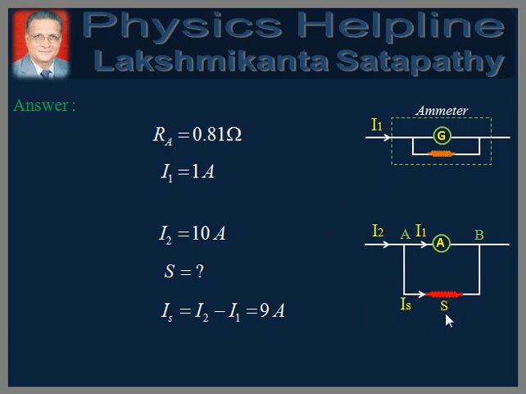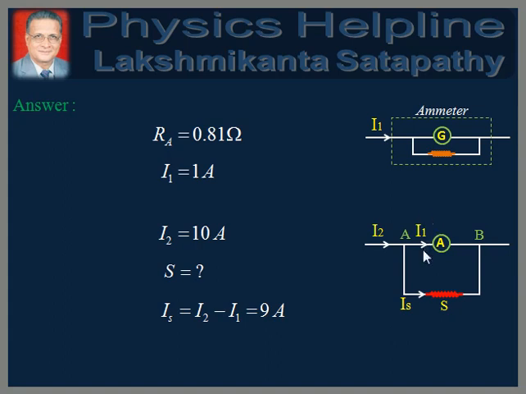Now, a shunt S is connected in parallel with the emitter. Therefore, we have replaced this G with A because this now is the emitter. The upper branch is the emitter branch and the lower branch is the shunt branch, and together they give the new emitter.